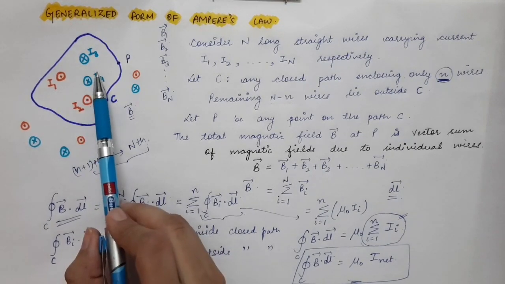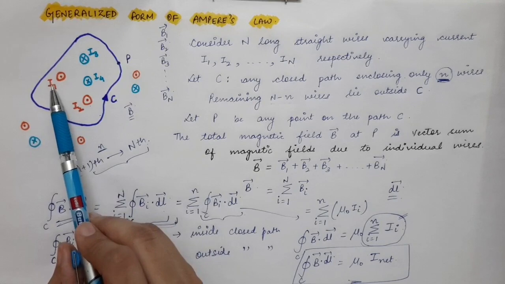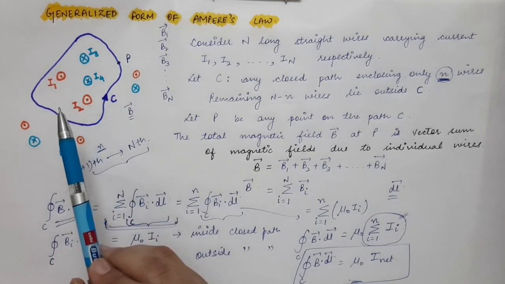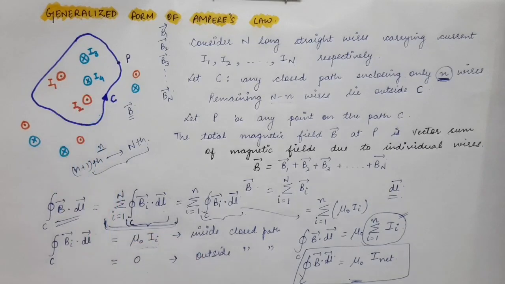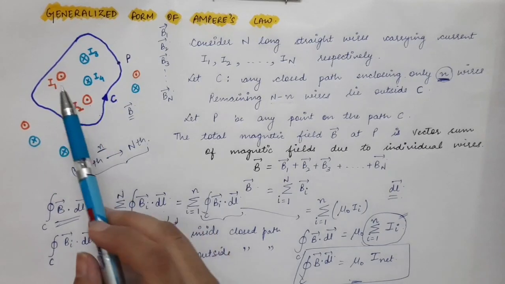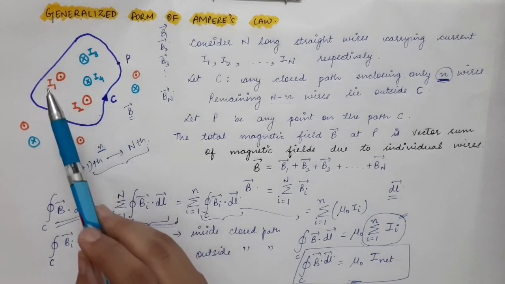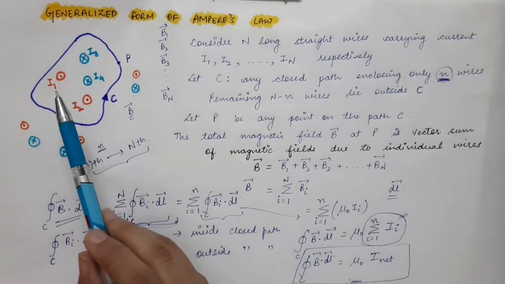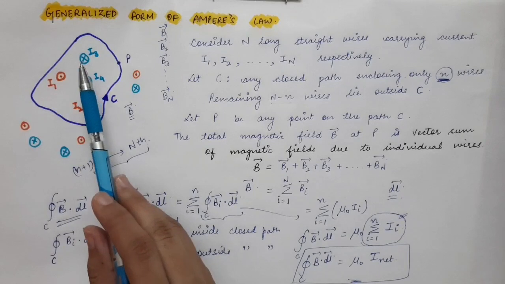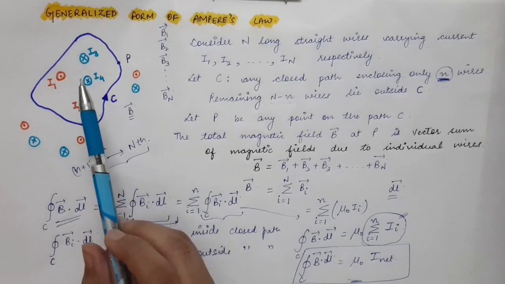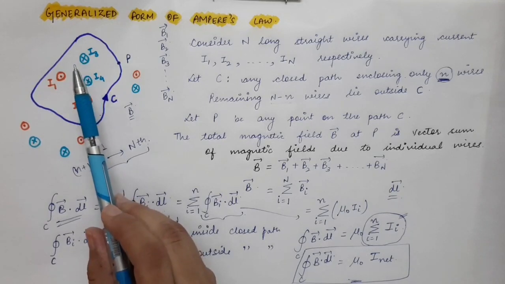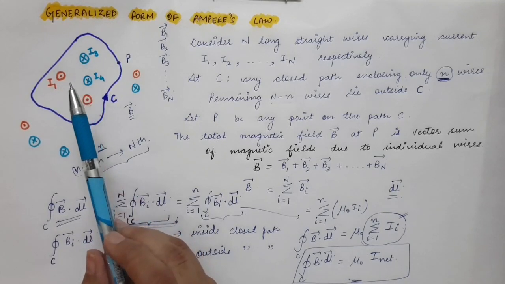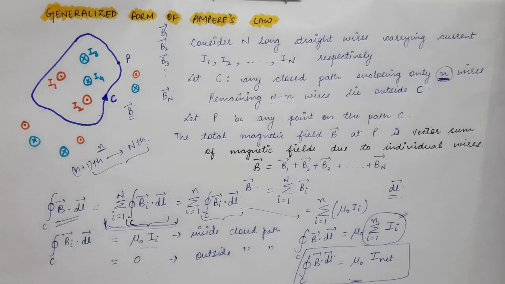So in this diagram you will take I1 and I2 as positive, whereas I3 and I4 will be taken as negative. When you solve the numericals, the current flowing towards the observer will be taken as positive, and the current which is going inside the paper will be taken as negative. This is the sign convention that you have to remember.